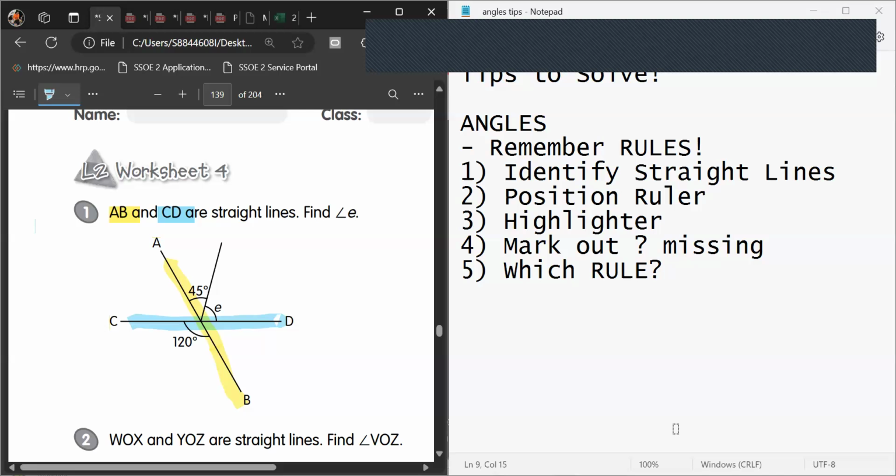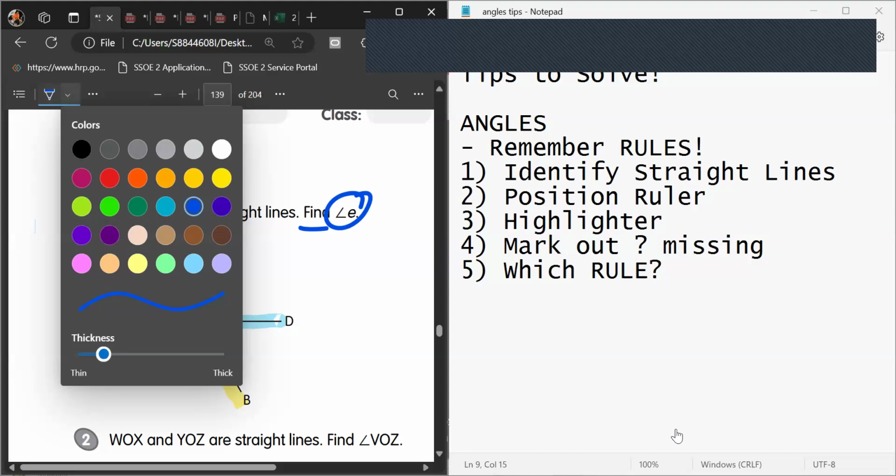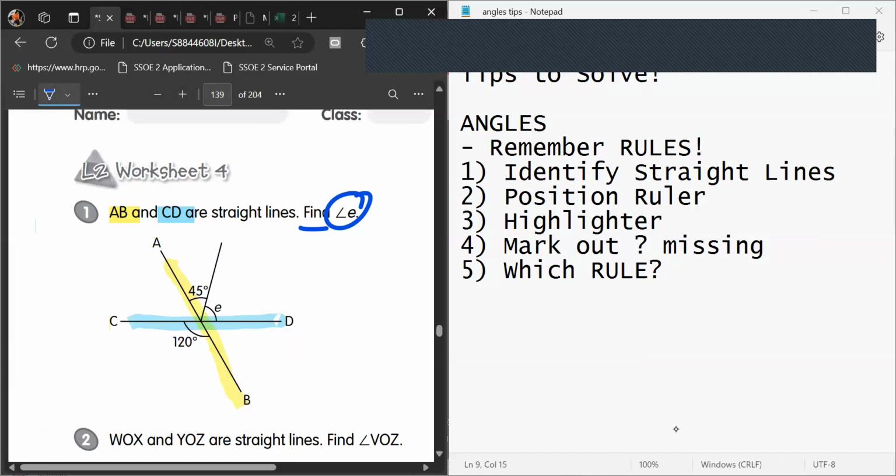Once you can identify the straight lines, try to position your ruler and see between the lines, recognize the pizza, whether you can fit the pizza slices in. Use your highlighter to mark out the lines as described. Pay attention to the angle you're supposed to find, which is here.